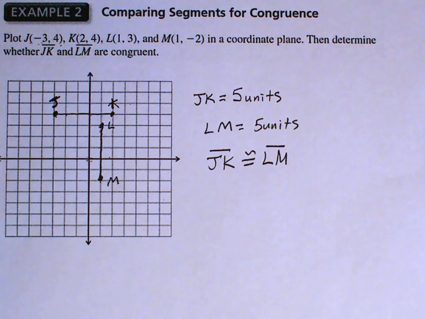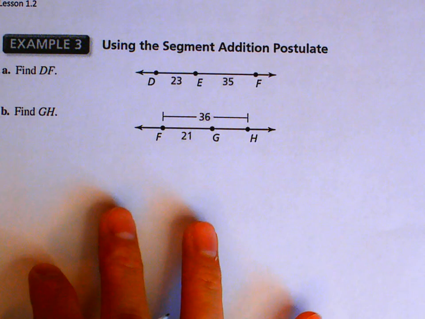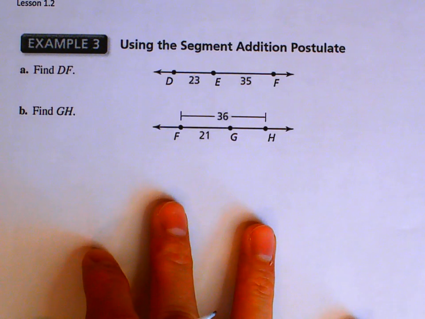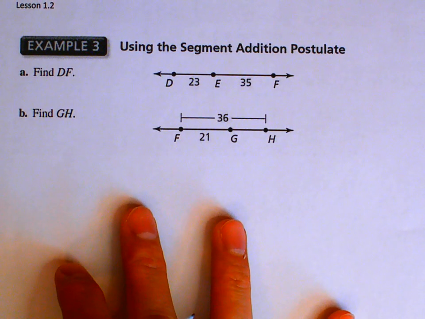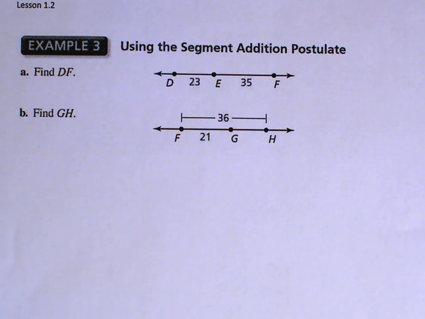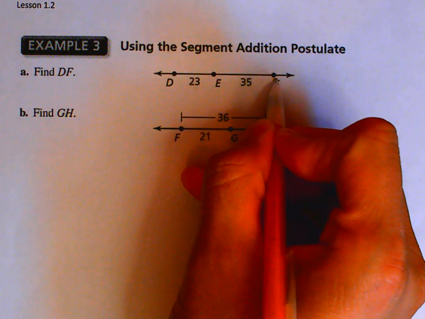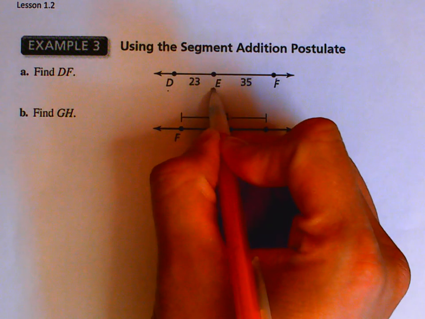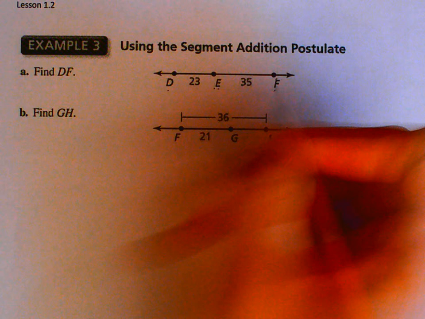All right, let's look at example number 3. Now remember, if I'm going a little too fast, make sure you pause the video so you can take notes. I'm trying to keep the videos as short as possible. Using the segment addition postulate, find the distance of DF. Now DF is made up of two segments, segment DE and segment EF.